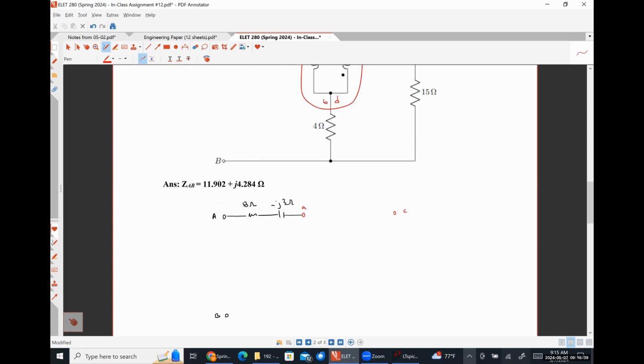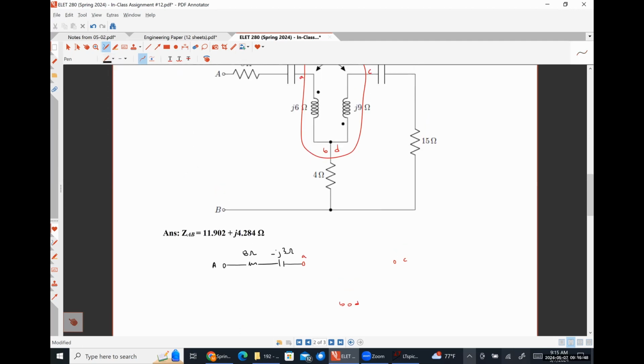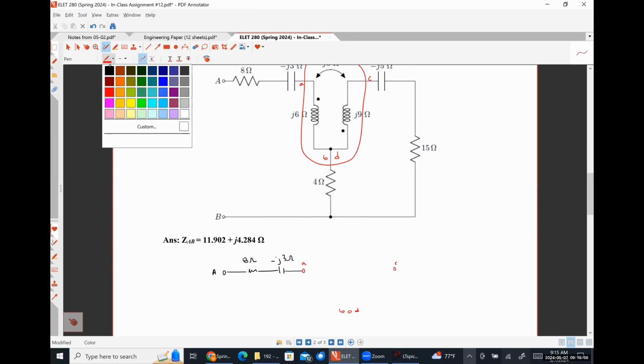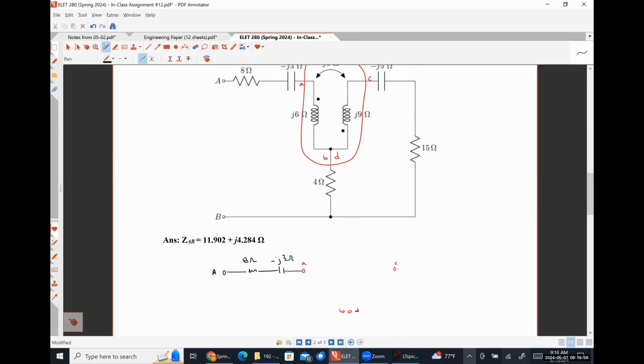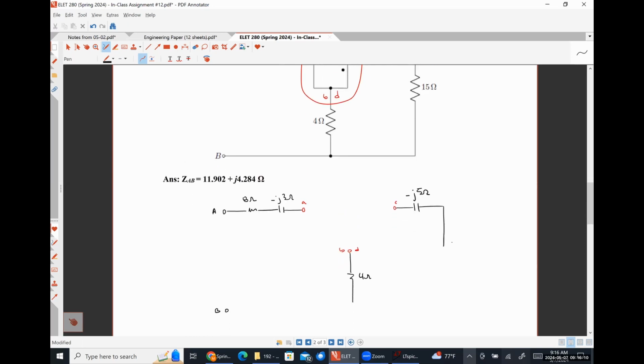Here's where C is going to be. Here is where B/D is going to be. We'll transform our transformer in a moment, but I'm just going to connect the rest of the stuff really quickly. So here's my minus j5 ohm. Here's my 4 ohm. Here's my 15 ohm.